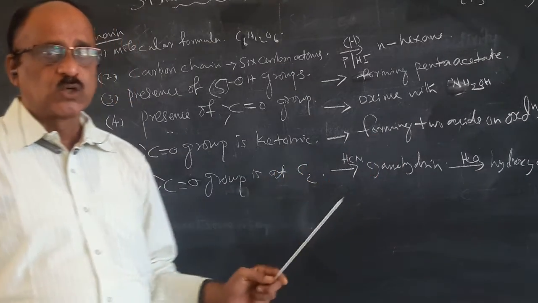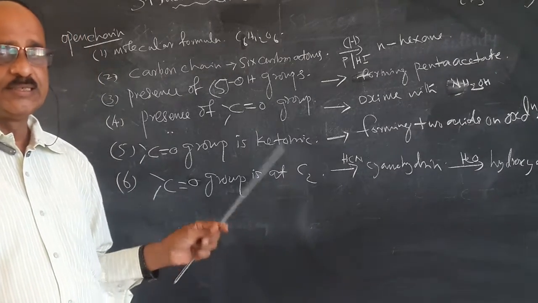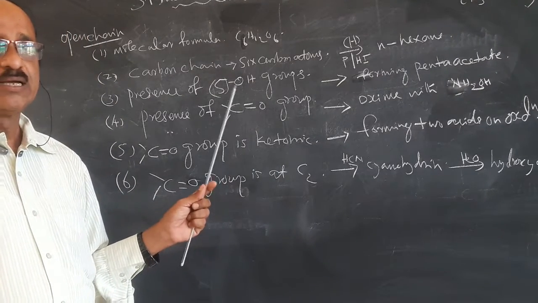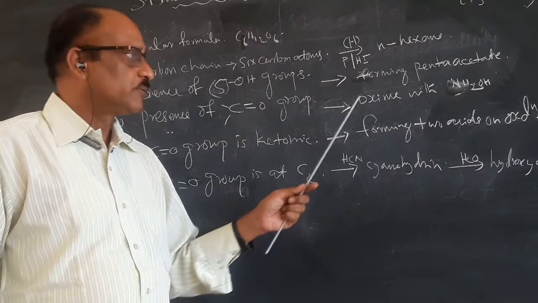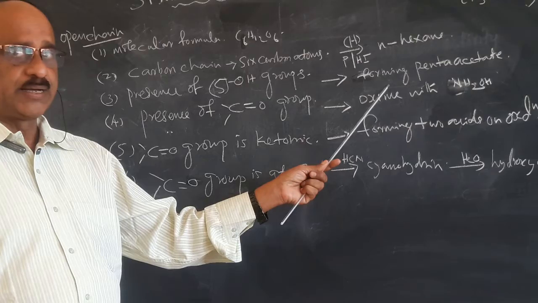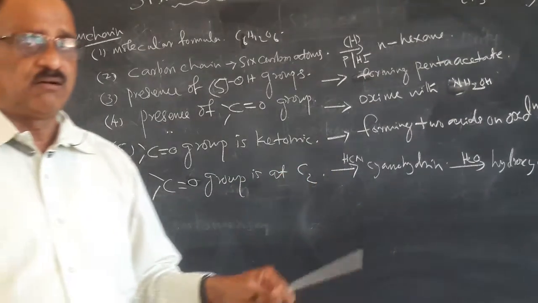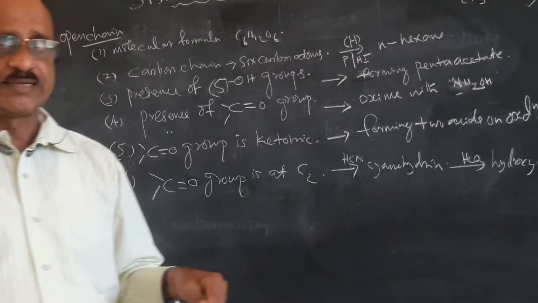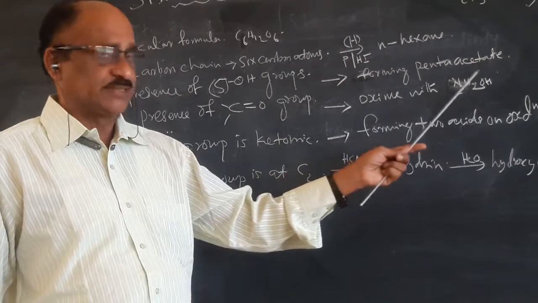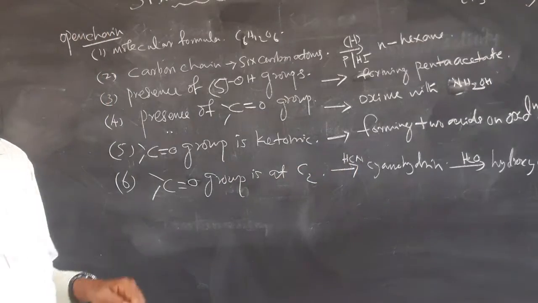Glucose also formed a pentaacetate, and fructose also gives a pentaacetate. So the 5 OH groups present in the molecule can be confirmed by the reaction of fructose with acetyl chloride or acetic anhydride, forming a pentaacetate. That is acetylation.